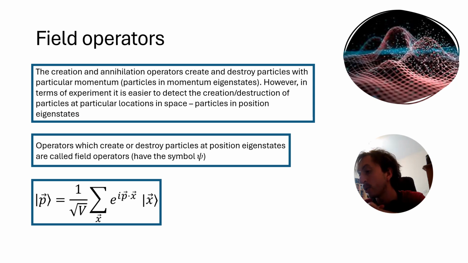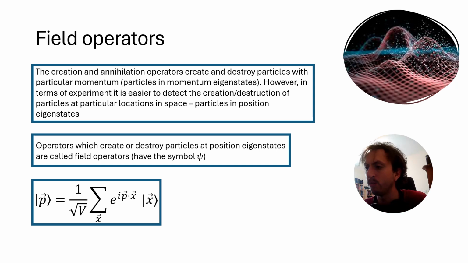And if something is in a momentum eigenstate, it will be distributed across the whole position space. And it will be distributed in such a way that it has a plane wave in position space. And the plane wave is the e to the ip dot x. It describes the plane wave associated with a particle with well-defined momentum or energy.